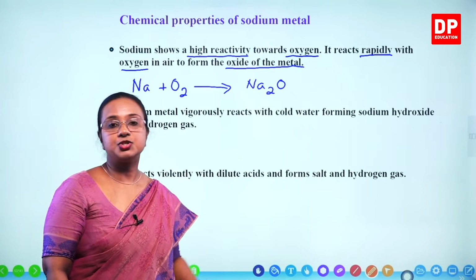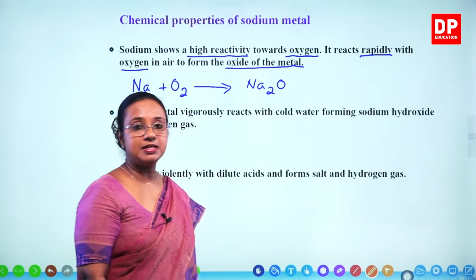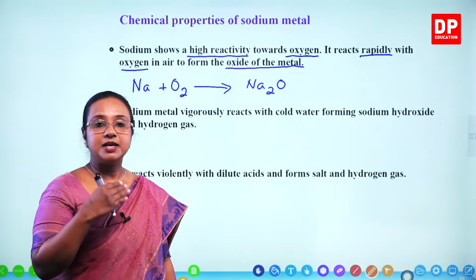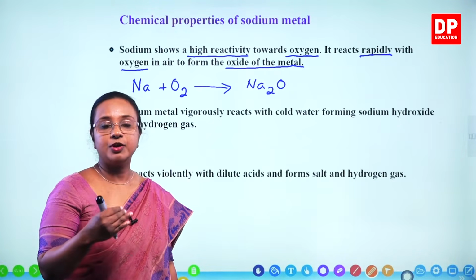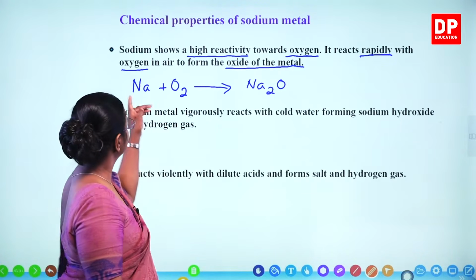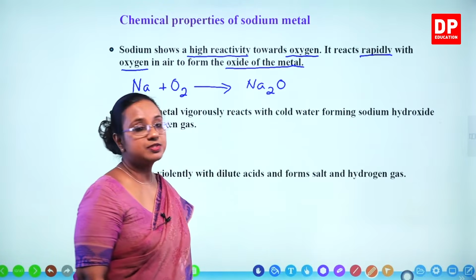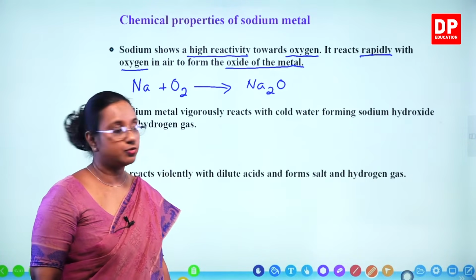That is the last topic of this unit. But for now, you can remember these equations because that will be helpful for you in the next lessons as well. So, sodium reacts quickly with oxygen and forms the oxide of sodium.